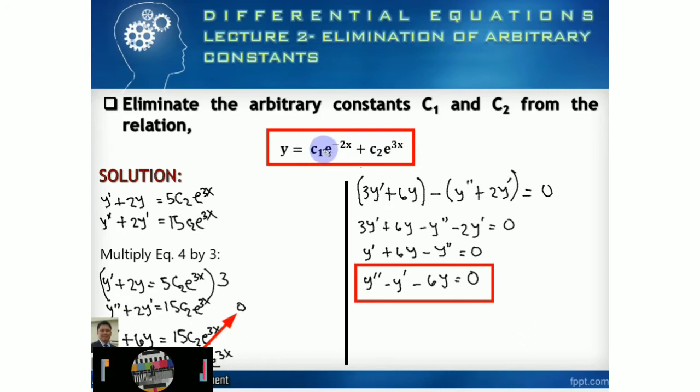Okay, and then where this is now the first derivative, you take the second derivative as equation 3. Okay, and then after that one, you have equations 1, 2, and 3. So you are going to eliminate the arbitrary constants, no?